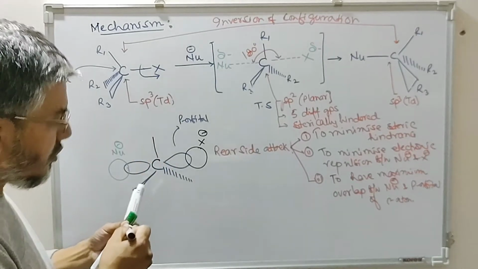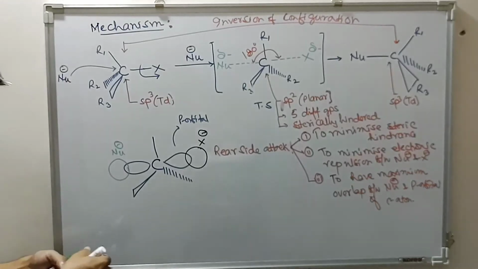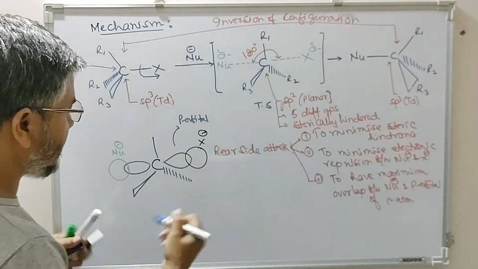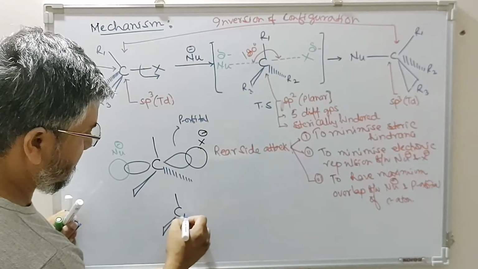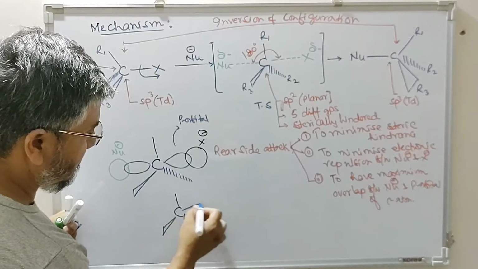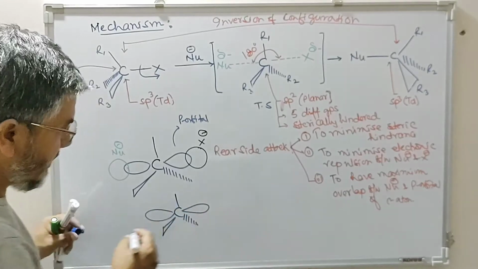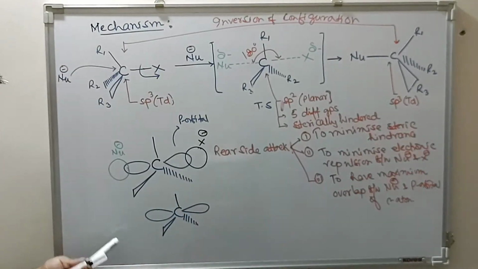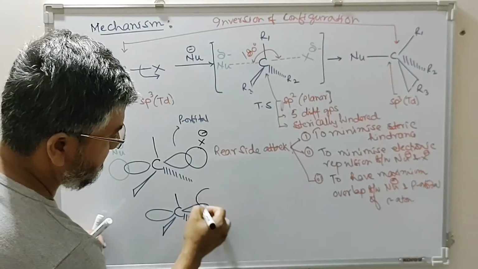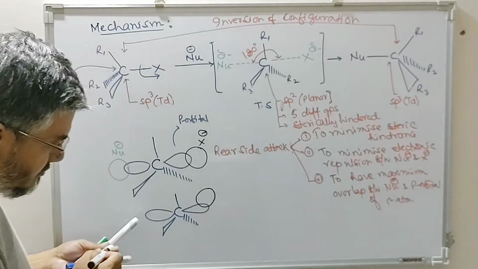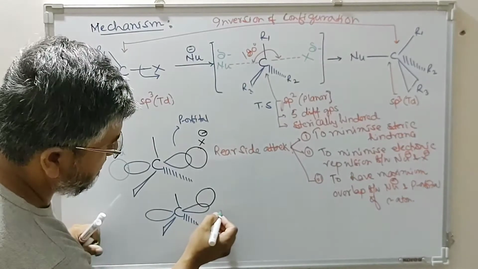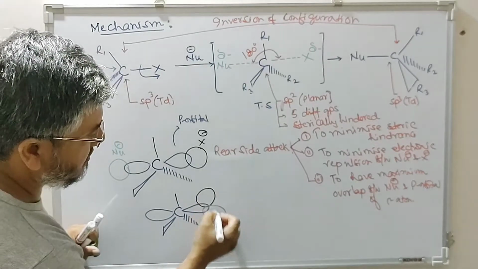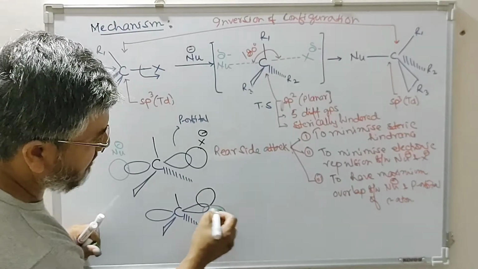If both are on the same side, then we'll have this. This is the developing p orbital, and both the nucleophile and the leaving group will be attached to the same lobe. So this is the leaving group, X minus, and this is the nucleophile, Nu minus.